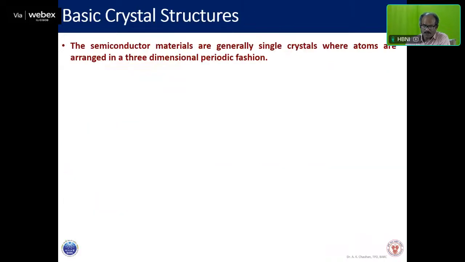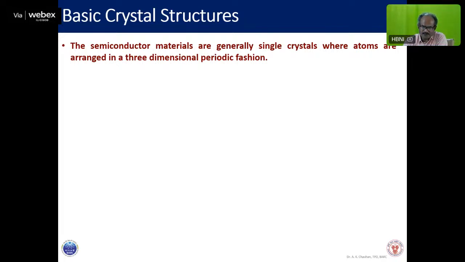Some of the crystal structures you have already studied in the first part, so I will not go into detail on all those structures, but we will quickly go through the ones which are very important for semiconductor materials.